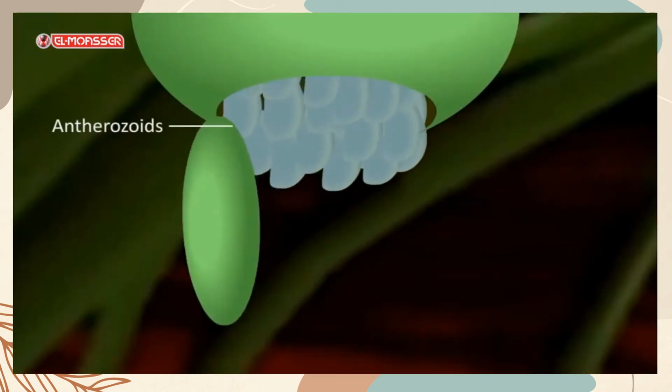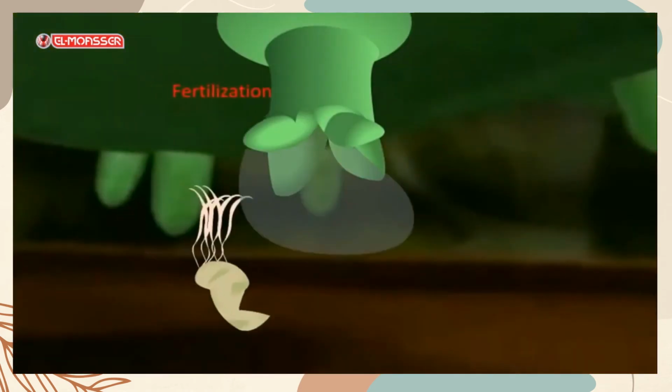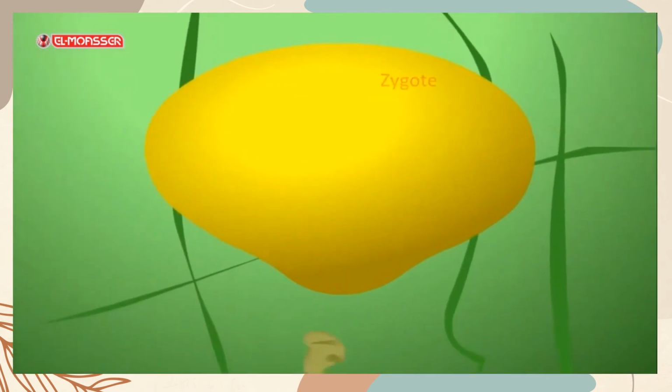After maturation, the male gametes are released from antheridia, known as ciliated sperms, that swim over the soil water till they reach the mature archegonia to fertilize the egg, forming the zygote, which is diploid 2N.